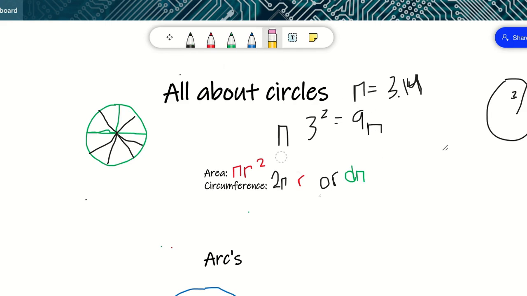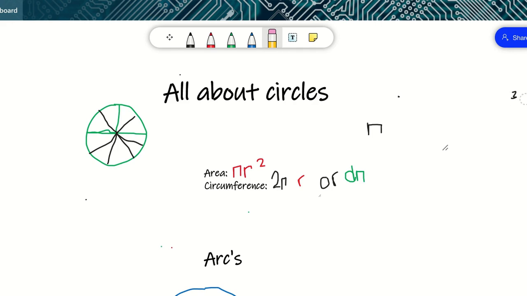Now let's discuss the circumference a little bit more. The circumference is 2 pi r, or d times pi, and the circumference is just the perimeter of a circle. We just call it a circumference.